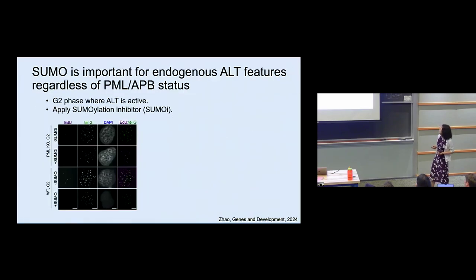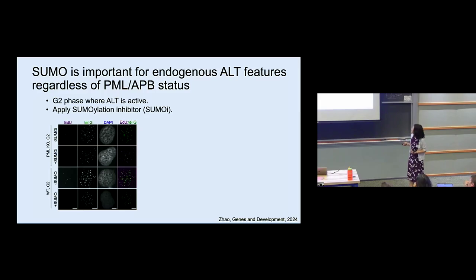And then what about endogenous cells, right? Those are all artificial. So we synchronize the ALT cancer cells in the G2 phase where the telomere synthesis is active. And then we apply a SUMO inhibitor, that's an E1 inhibitor of SUMOylation, to cells with PML bodies or to cells without PML bodies.